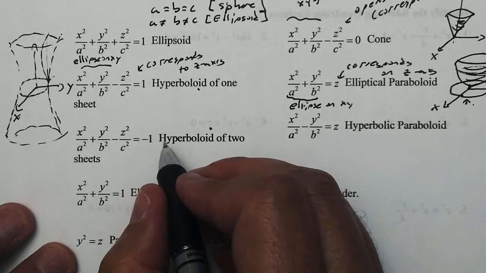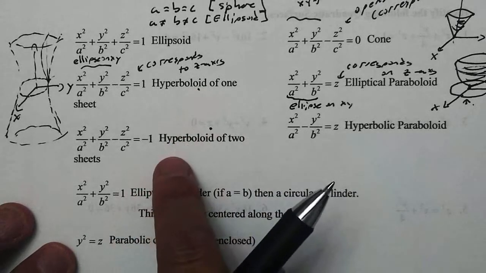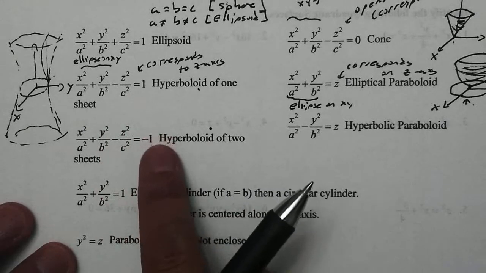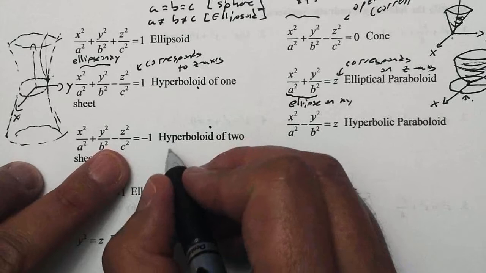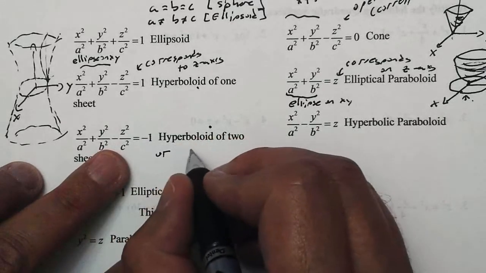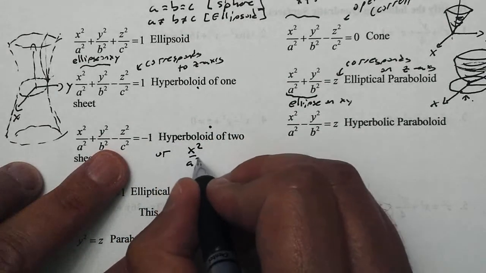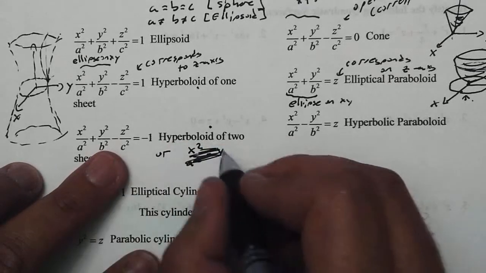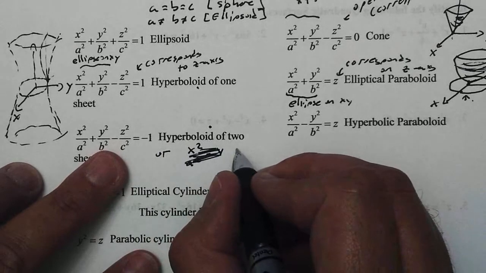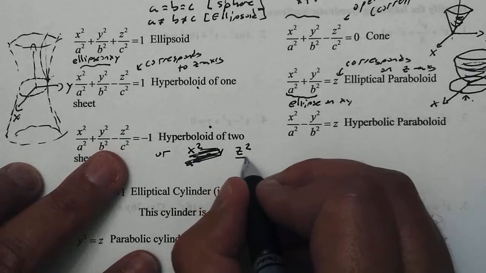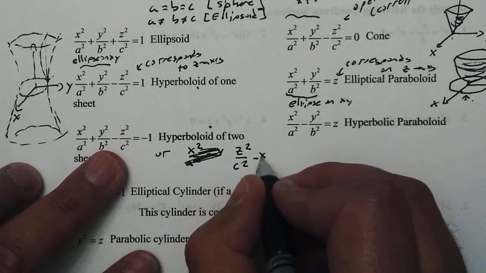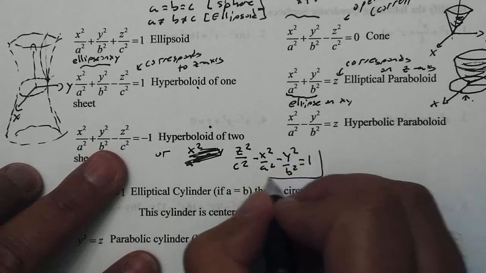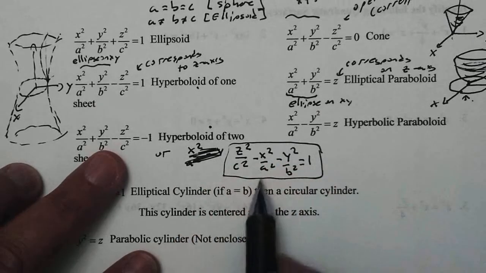The big difference is that negative 1. Sometimes you might see it this way: if I divide everything by -1, we would get z squared over c squared minus x squared over a squared minus y squared over b squared equal to 1. And this is typically how we tend to see it.